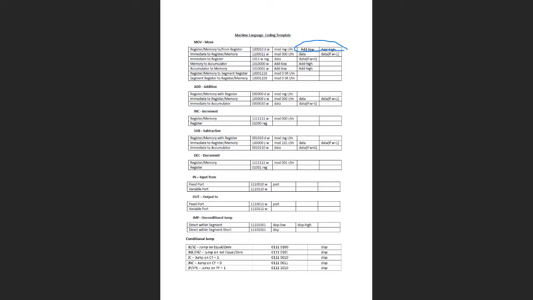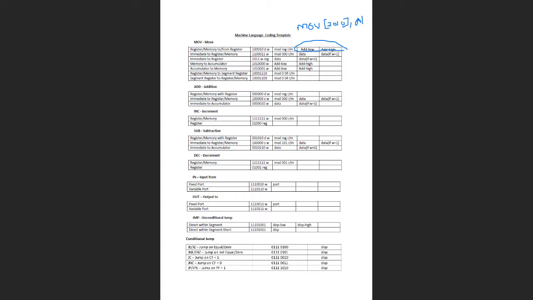For example, if we have an instruction like move [2010], AL.